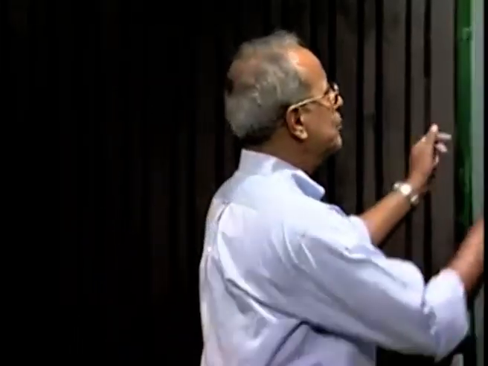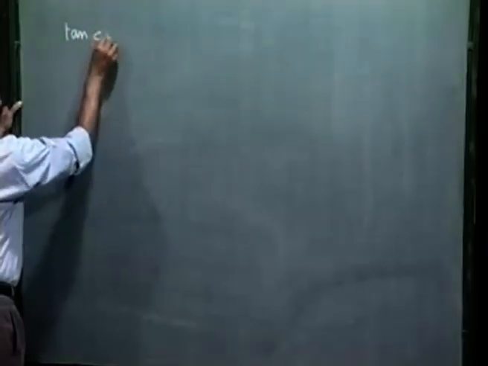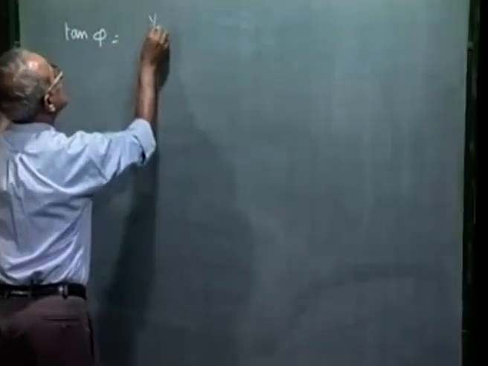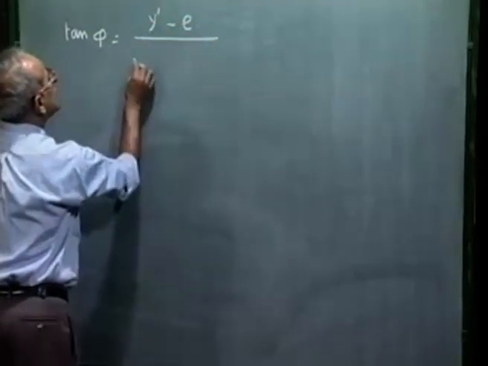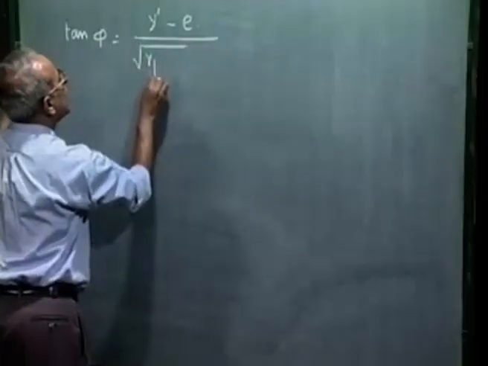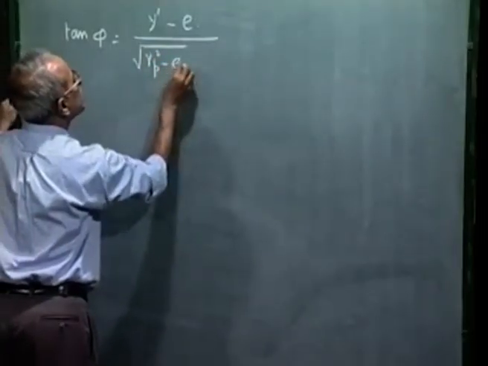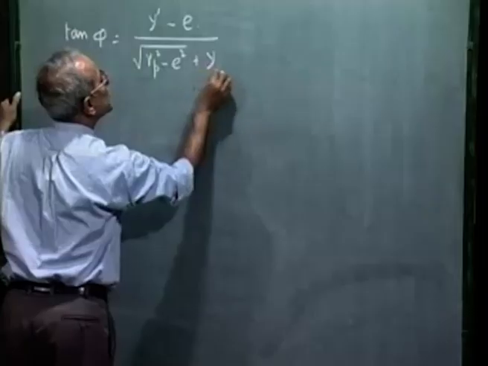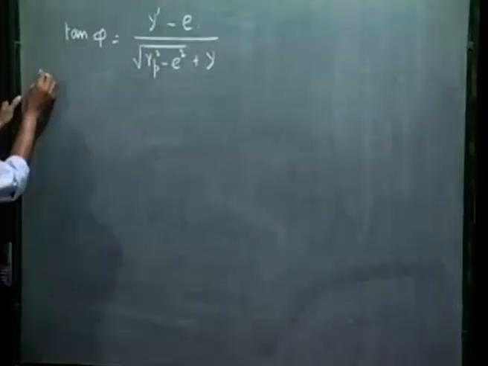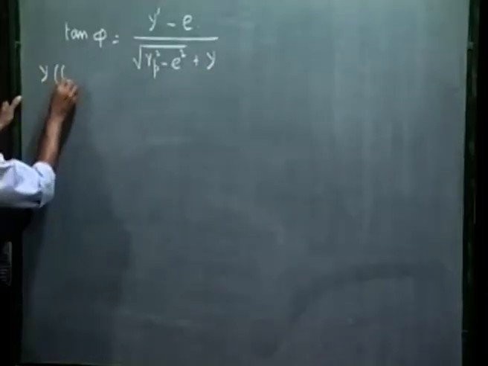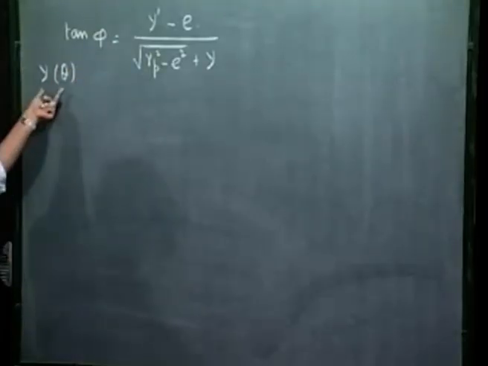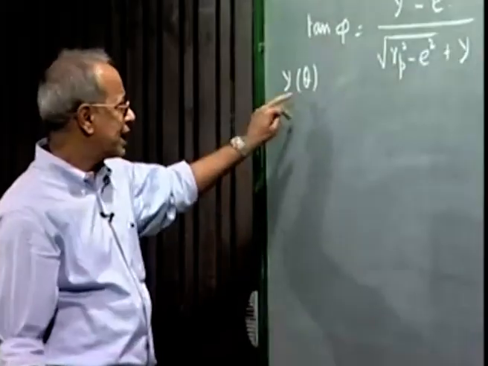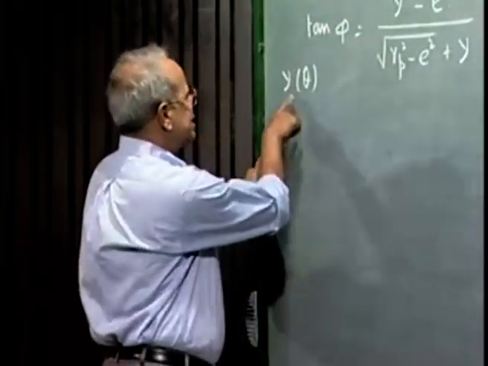We have just now obtained this expression for the pressure angle phi as tan phi is y prime minus E divided by square root of Rp squared minus E squared plus y. As I know, we have been given the desired displacement function y theta, which is a periodic function because it repeats after every 2 pi rotation of the cam. So, this is a periodic function.